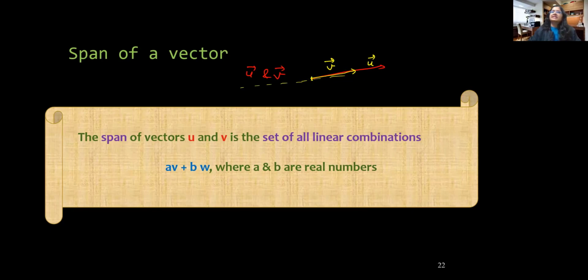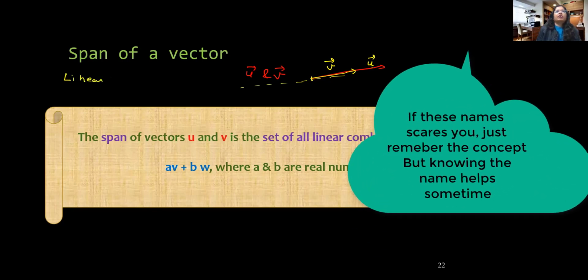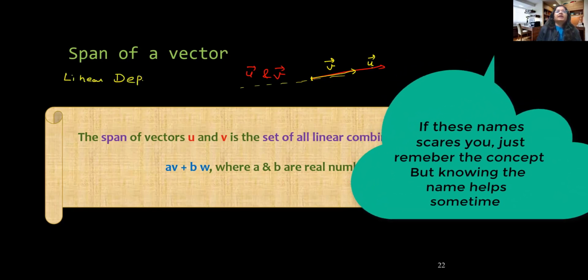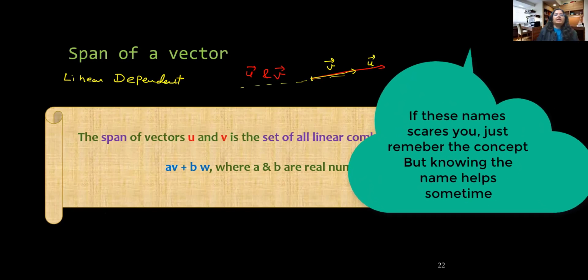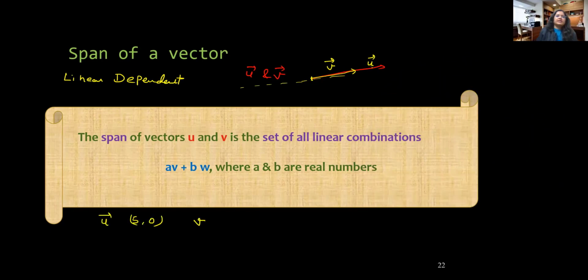So here we can say that u and v are linearly dependent. It is another terminology in algebra. Linearly dependent means one is a linear combination of the other. For example, my u is (6, 0) and my v is (2, 0).